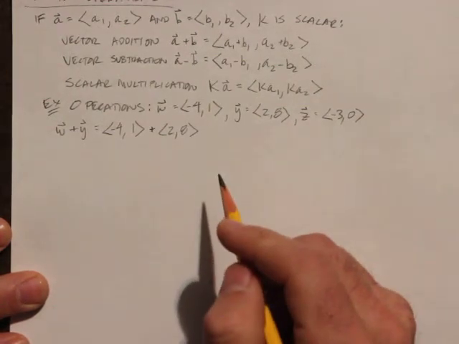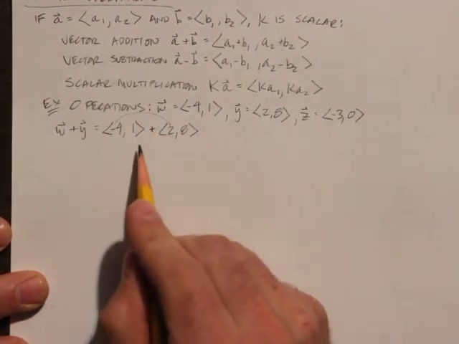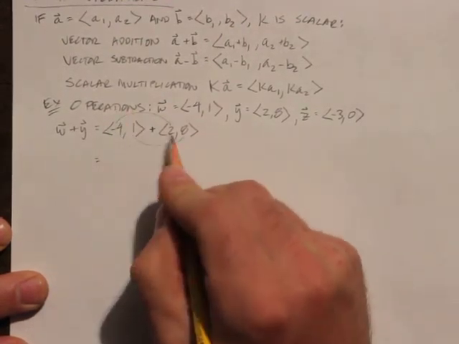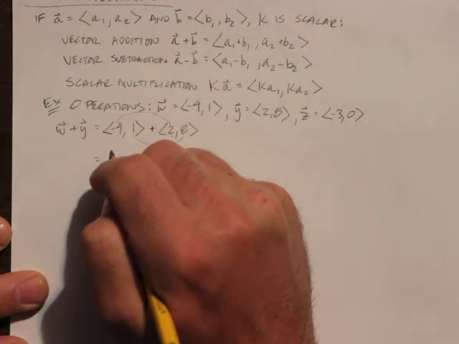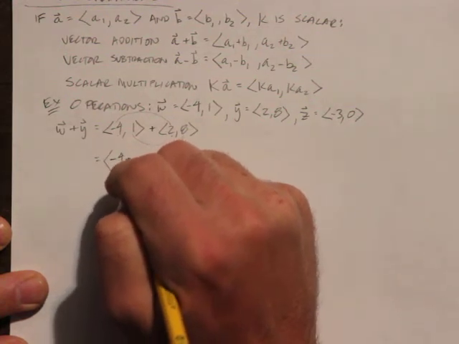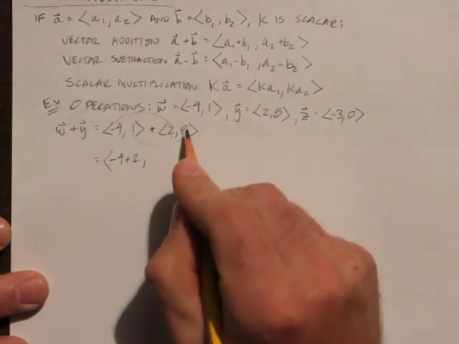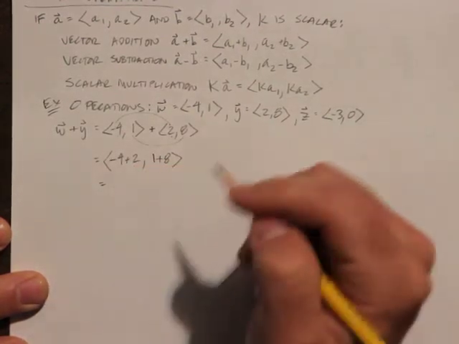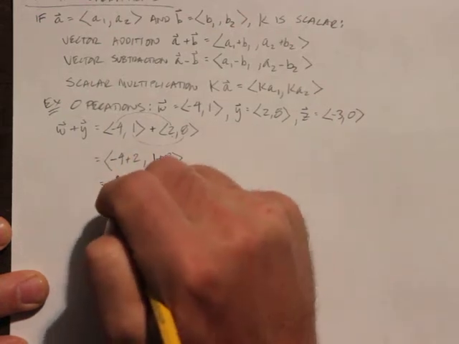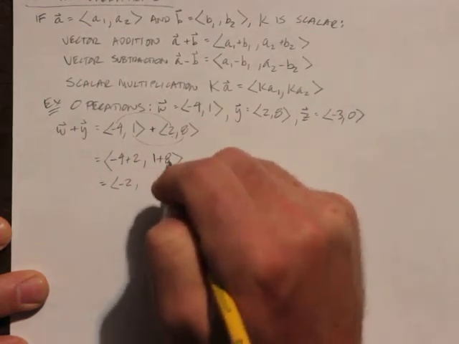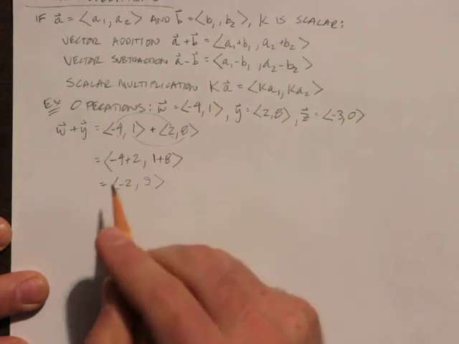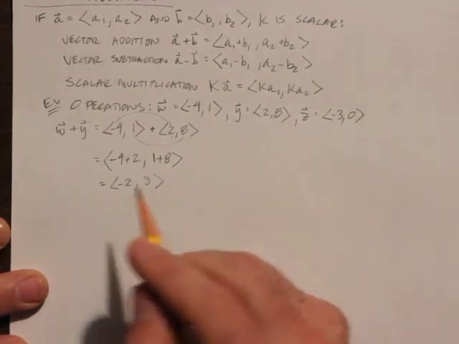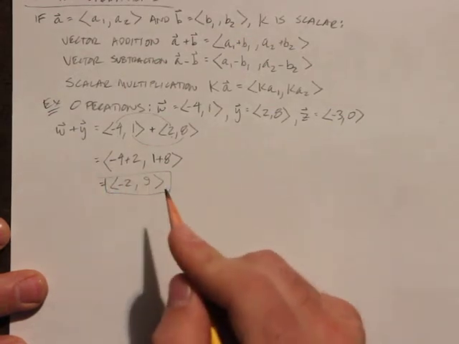I'm adding those together, so I'm just going to add the x values and add the y values. -4 plus 2, and 1 plus 8. -4 and 2 is -2. 1 and 8 is 9. And there we have our example.